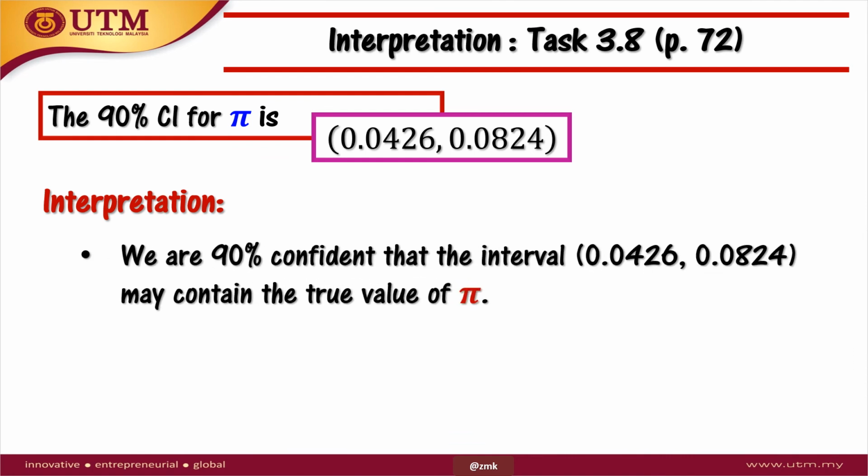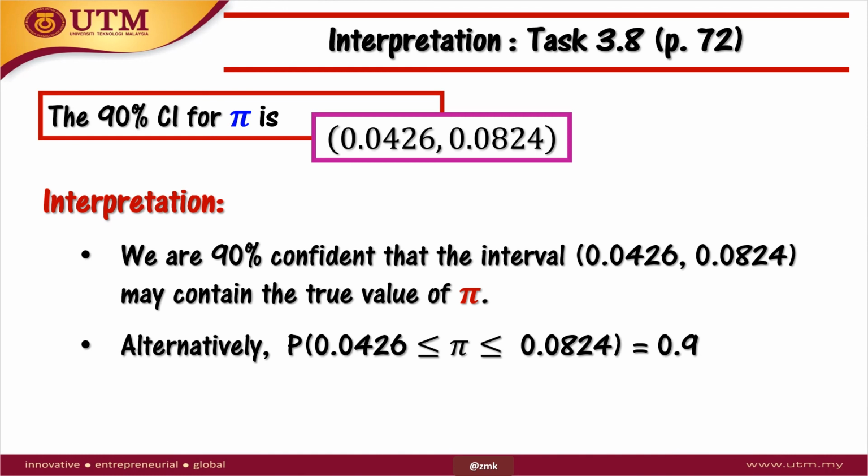First, we may say that we are 90% confident that the interval 0.0426 and 0.0824 may contain the true value of pi, which is the proportion of components that fail to satisfy the specification. Alternatively, we may say that the probability that the interval 0.0426 and 0.0824 may contain the true pi value is 0.9.